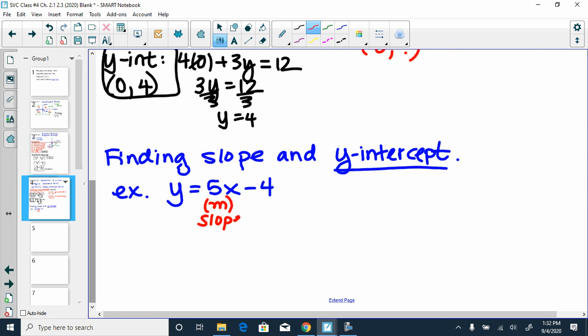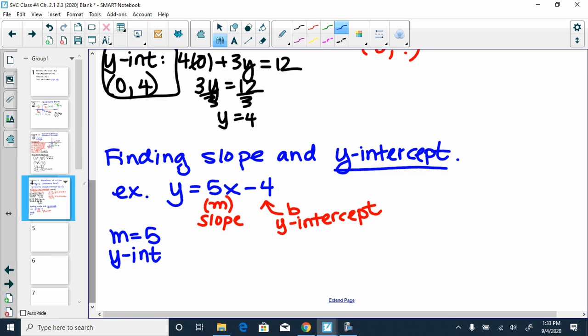Sometimes it is called mx plus b. And negative 4 is your b, which is also your y-intercept, hence why it's called slope-intercept form. So in this case, m is 5, and the y-intercept is 0 comma negative 4, and you should keep the negative there if the b happens to be negative.